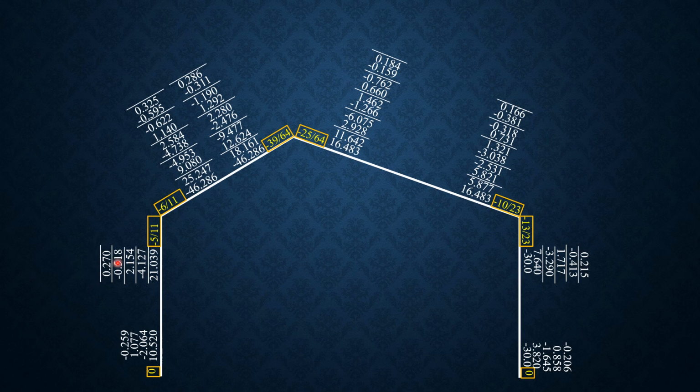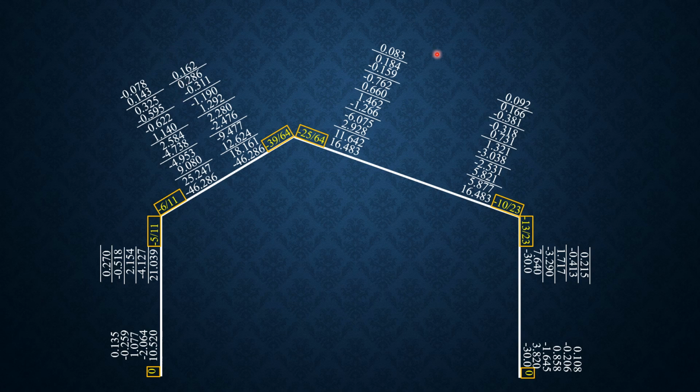Carry over 0 here, half of 0.27, half of 0.286, half of 0.325, half of 0.166, half of 0.184, then 0 here, half of 0.215 here. 0.143 times negative 6 over 11, negative 0.078 lakh. 0.143 times negative 5 over 11, negative 0.065 lakh.